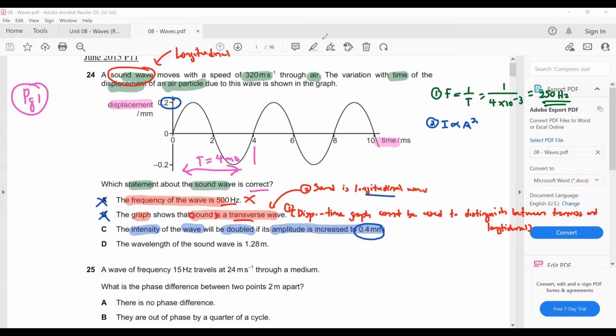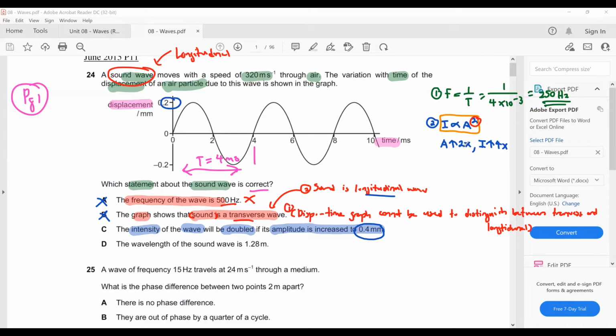Okay. Now, when it comes to looking at relations that look like this, there are actually 2 ways to go about it. All right. There's an easy way and there's a slightly more tedious way. I'll show you both. If you know that intensity is proportional to amplitude squared, amplitude you already know is going to increase by 2 times because it's doubled now. From here, intensity ought to increase by 4 times, because you see you have a square term here.